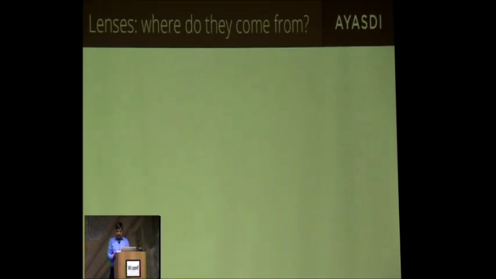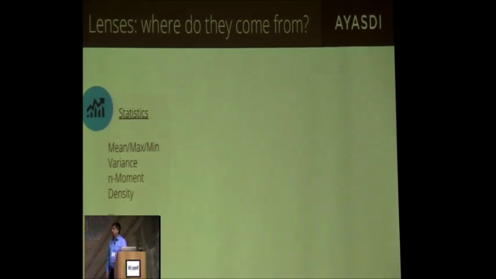Okay, so lenses, these are the functions that we do summaries with respect to. Lenses come from our regular toolkit for analytics. Statistics: anytime you can calculate a number for a point, density, the mean of the columns that make up the point, nth moments, variance, etc. All of those are assignments of values to points, to functions.